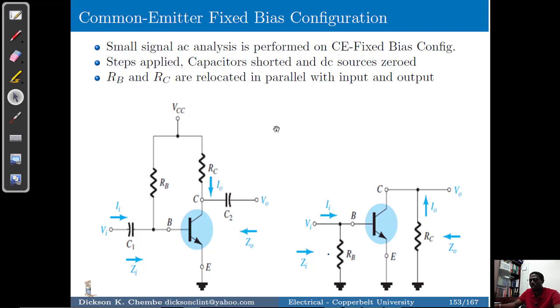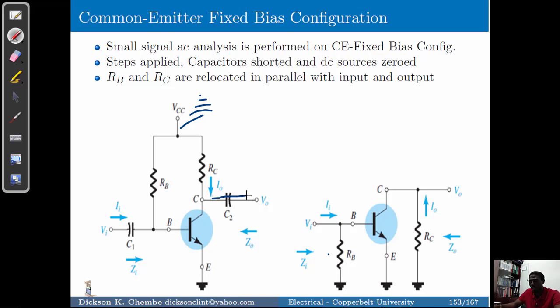So if we begin with the collector-emitter fixed bias configuration, for instance, and we apply the steps. So to apply the steps, this is going to be grounded. So we zero the DC source, and then if we do that, the capacitors are short-circuited.